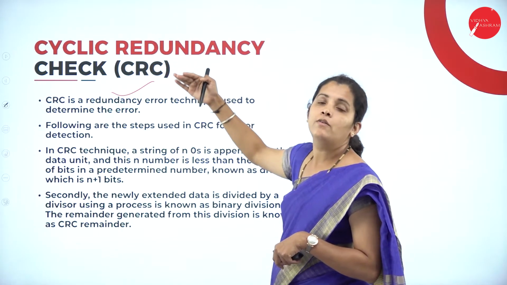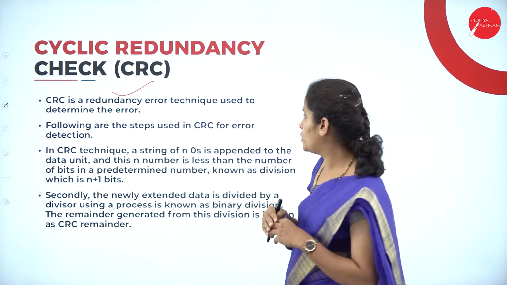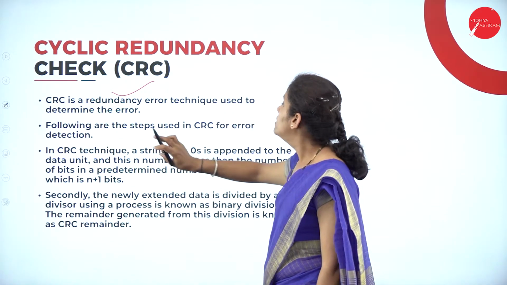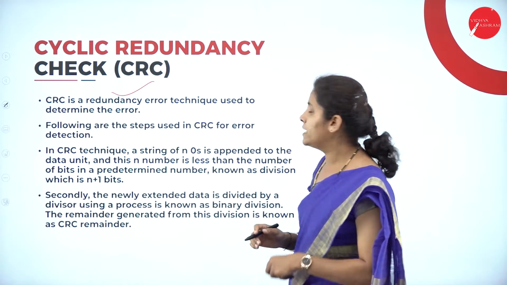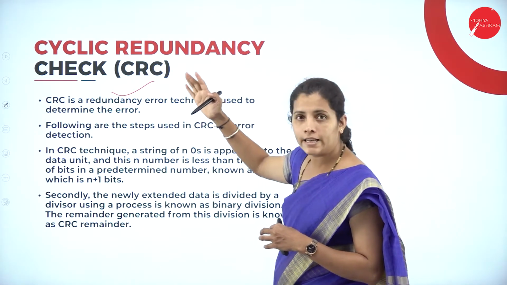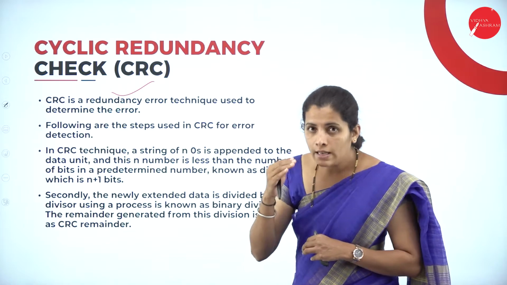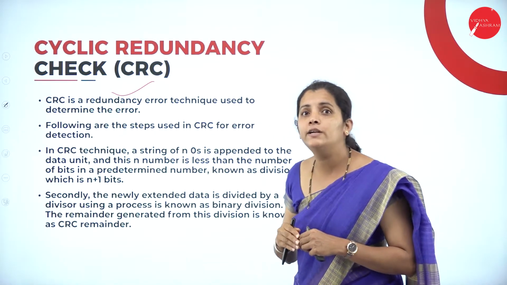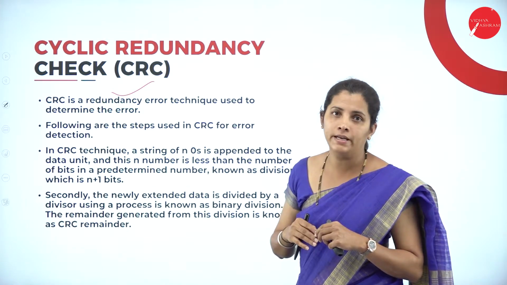The technique follows certain protocols. So, in the CRC technique, a string of zeros is appended. I repeat, in the CRC technique, a string of zeros is appended to the actual data bits.